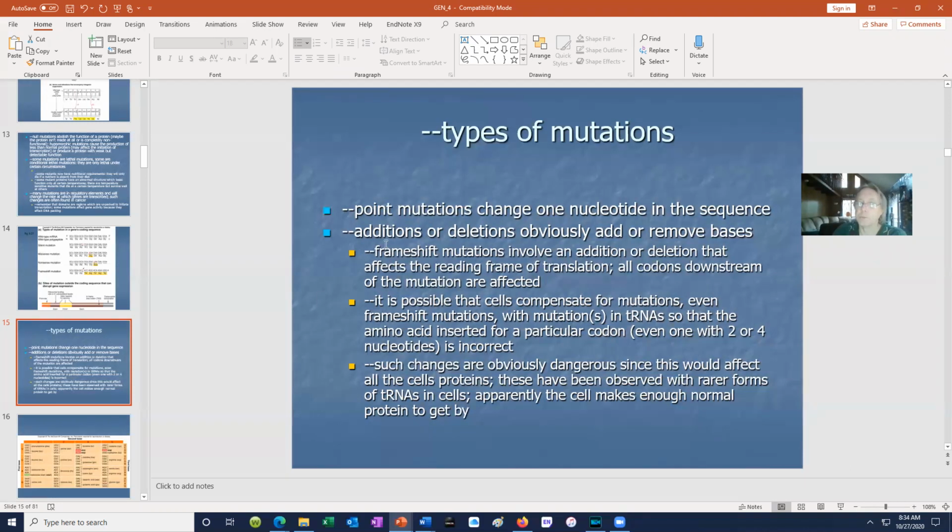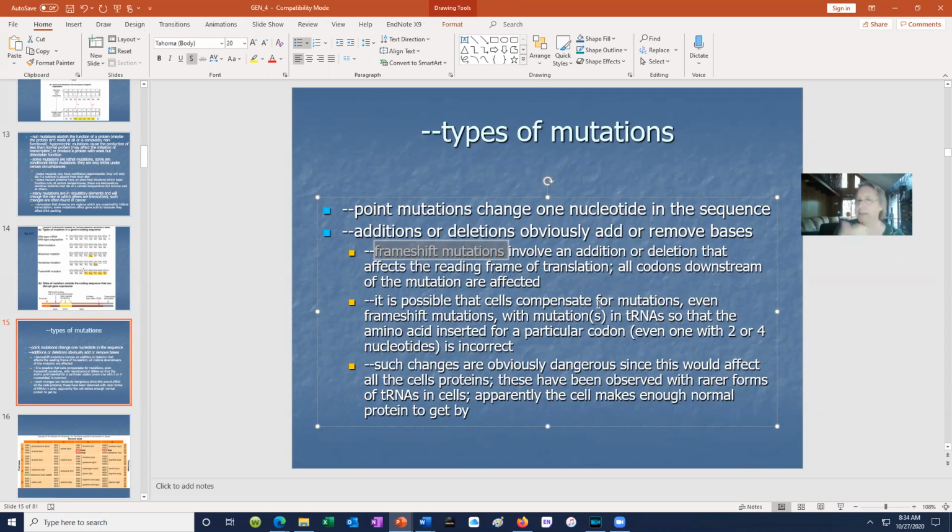And this could then cause what's called a frame shift mutation. Because if you remember, those codons are read every three. So DNA is essentially a language with three-letter words.